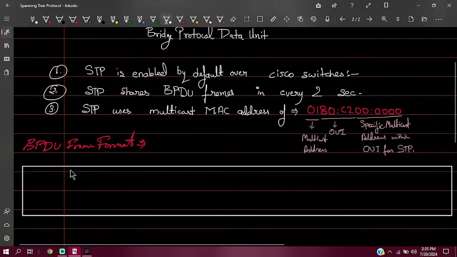The very first field of your BPDU is basically the protocol identifier. This particular field is of 2 bytes. After this comes the version field, which is of 1 byte in size.